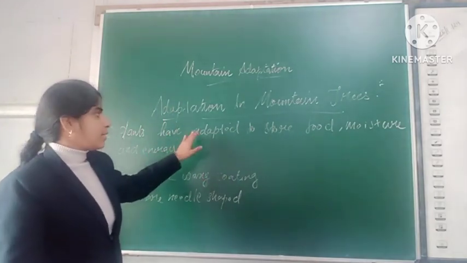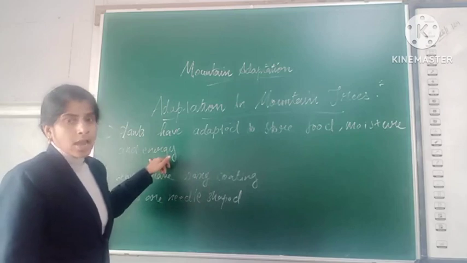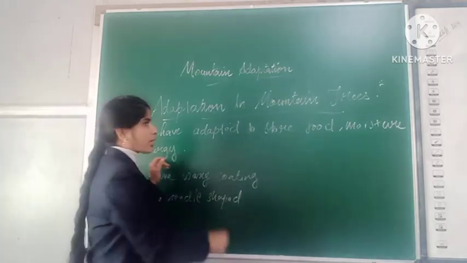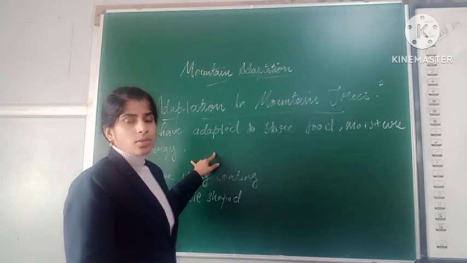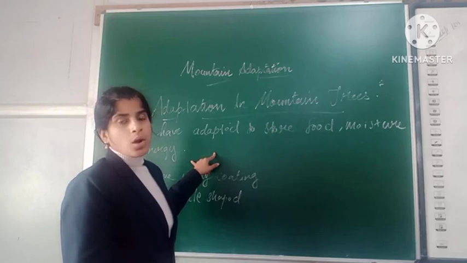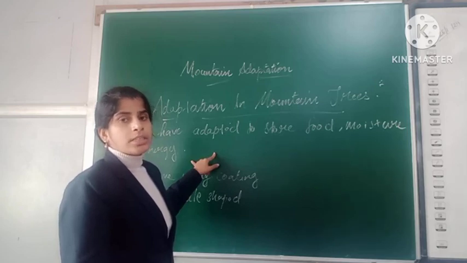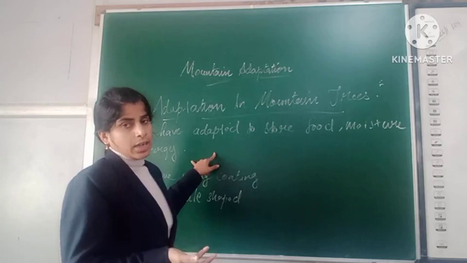They have a stem or rhizome. What is a rhizome? An underground modified branching stem. These store more carbohydrate and protein for the plants to grow in any harsh climate.